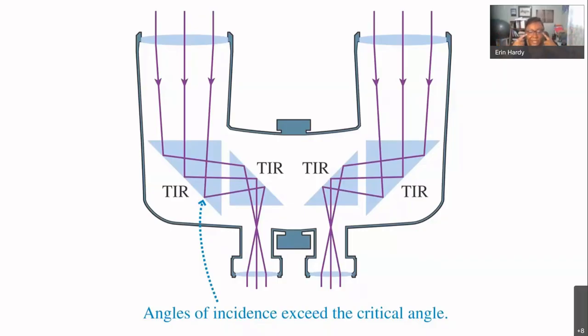You don't lose focus just by the position of your head relative to the eyepieces. And since you are using total internal reflection here, you're not losing any of the energy of the light. The intensity is maintained because none of it is refracting back out into the environment of the inside of your binoculars.